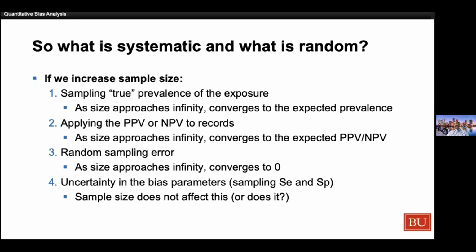So even that can approach zero as we have perfect information on the bias parameters, which makes sense because again, if we knew exactly what the bias parameters are, then we would have perfect certainty. We would essentially be doing the correct analysis, in which case we would be perfectly accounting for all of the error.